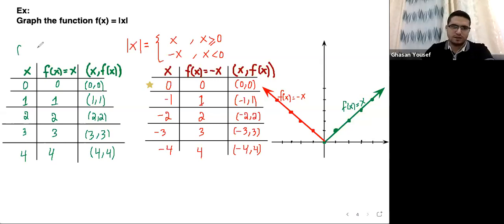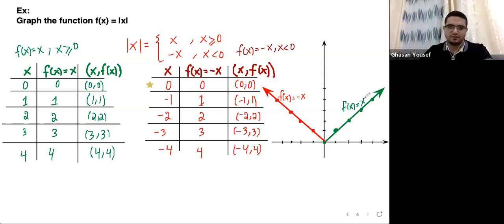So again, this is f of x equal x starting from x greater than or equal 0. So starting from 0, 0, 1, 2, 3, 4, 5. The second function is f of x equal minus x for the domain x less than or equal 0. So starting from 0 it goes down, minus 1, minus 2, because minus 1 is less than 0, minus 2 less than 0, minus 3, minus 4.